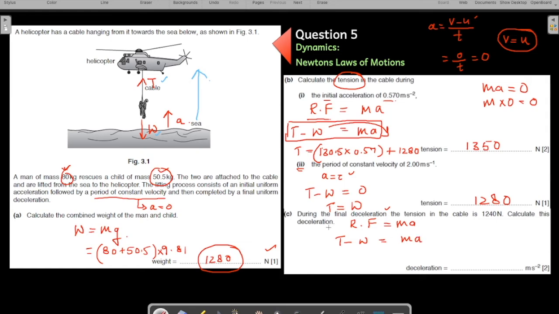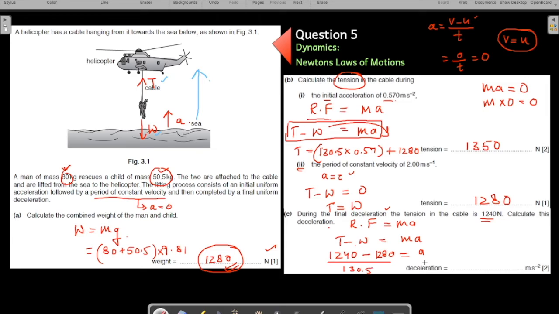a is the deceleration. In this case, the a value should come out to be a negative number. So tension is given to you, 1240, minus the weight given here, 1280, is equal to m a, where m goes in the denominator, 130.5.